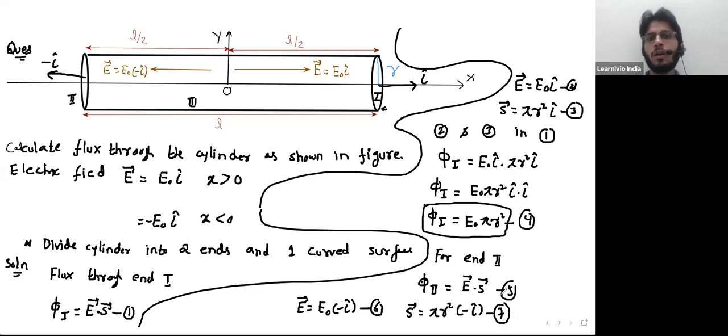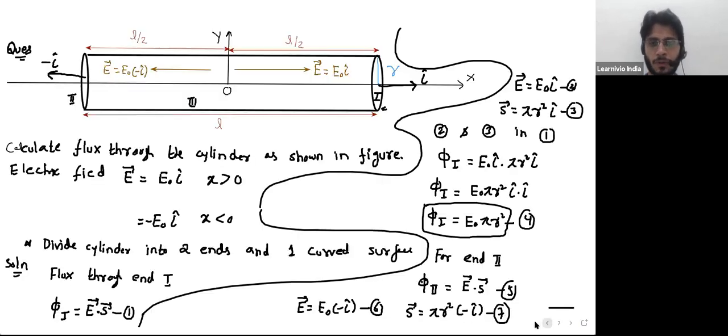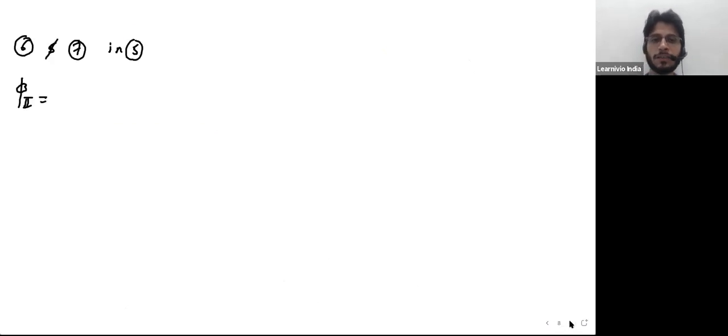So what we can do here is substitute the values of 6 and 7 in 5. When we substitute, we will get the flux for the second end. How much is E? E is E naught minus i cap. How much is S? S is pi r square minus i cap.